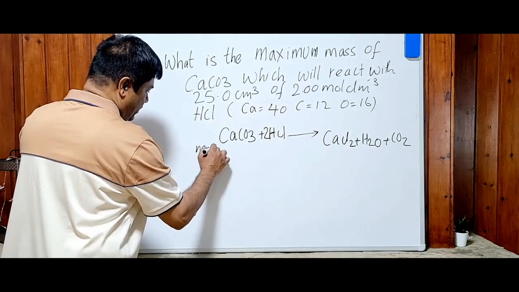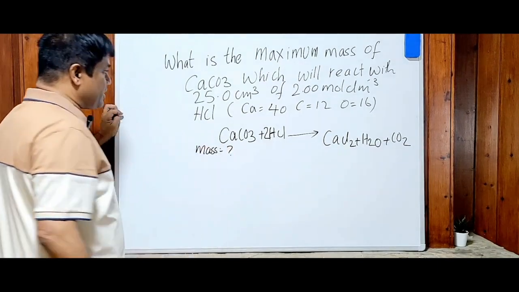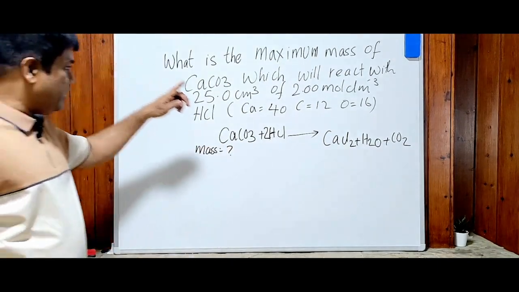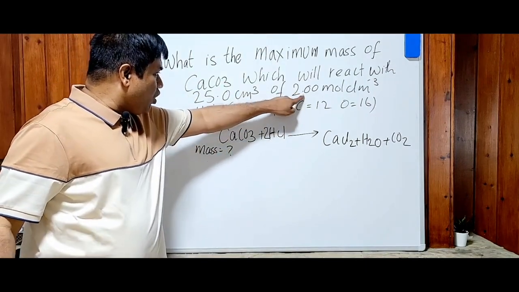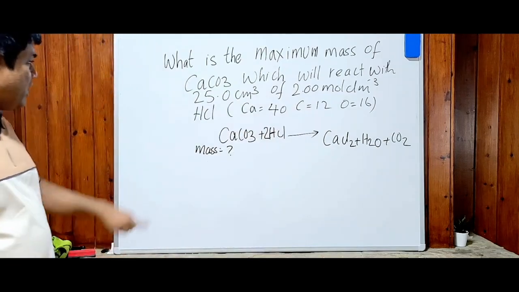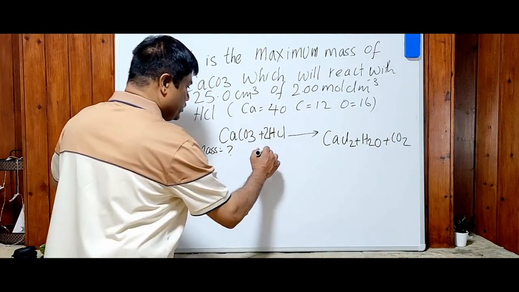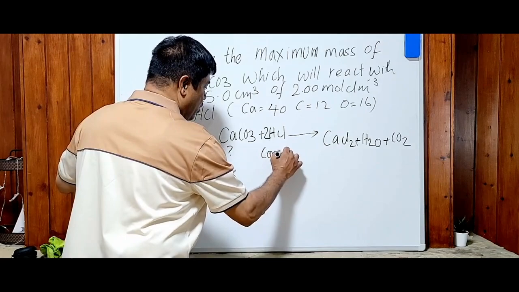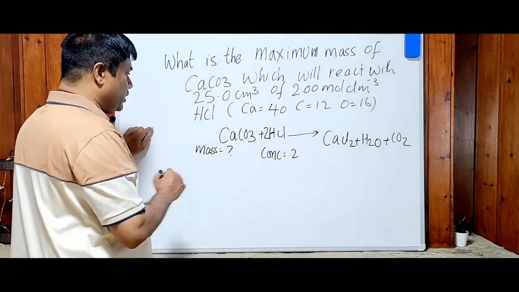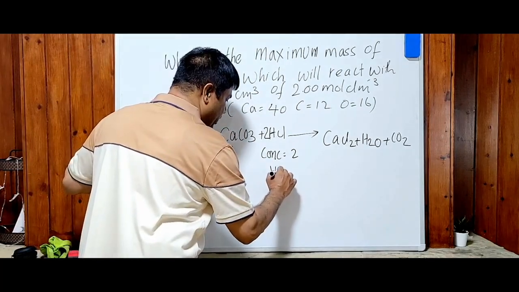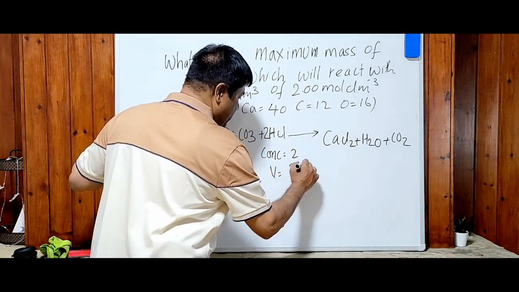Mass is not given. You have to work out the mass. And we have the concentration of HCl in that question and a volume of HCl in that question. So the concentration of HCl is given, which is 2 mole per dm cube. Volume is given, volume equals 25 centimeter cube.